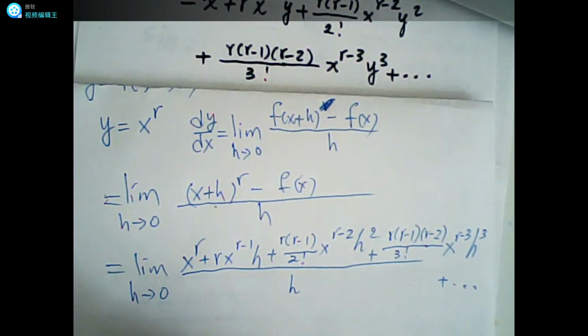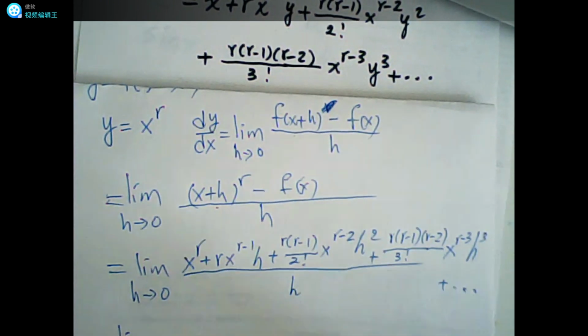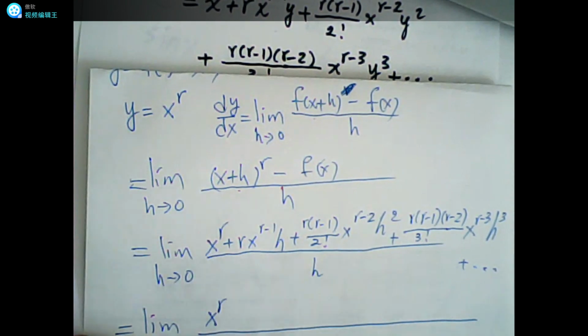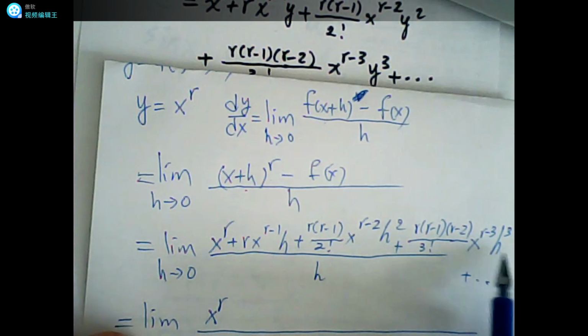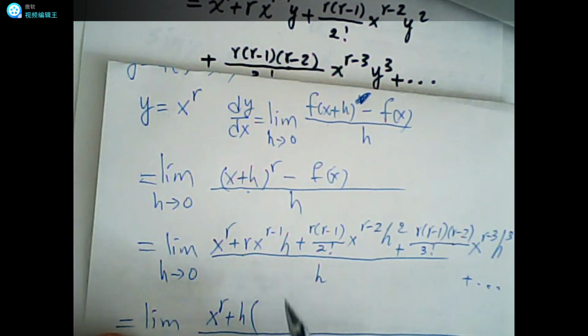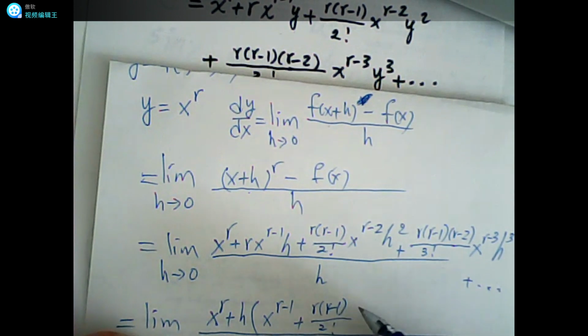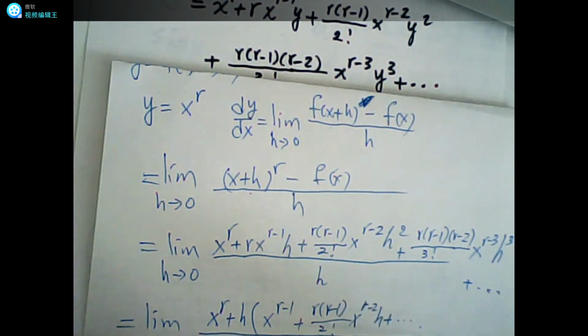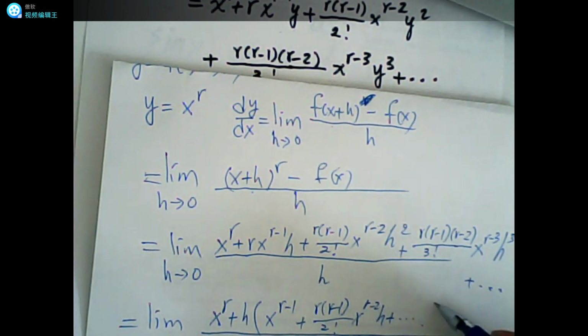Okay, then this is the limit as h goes to 0. This is x to the r. Now the rest of the terms all have h, so h is a common factor. You have r times x to the power r minus 1, plus r(r minus 1) over 2 factorial times x to the power r minus 2 times h, plus, every term has h, right?